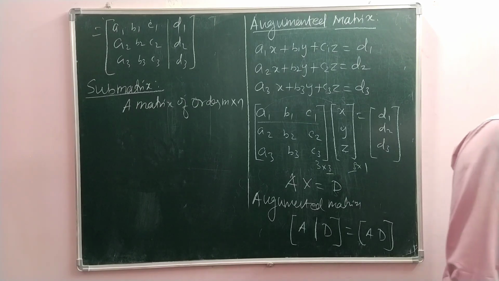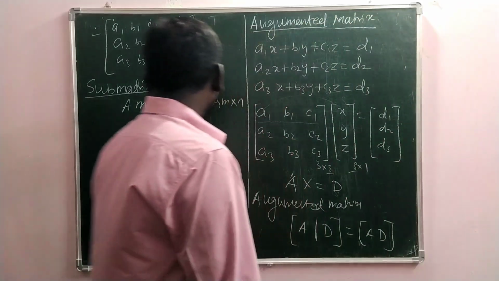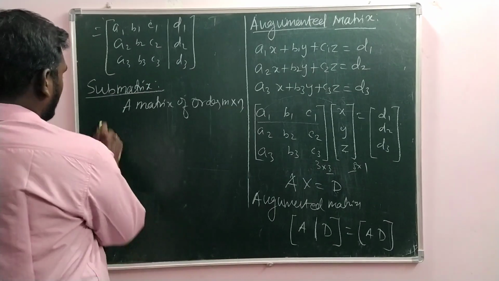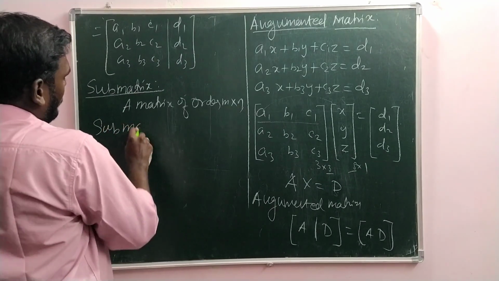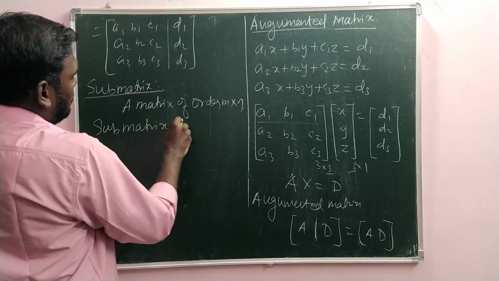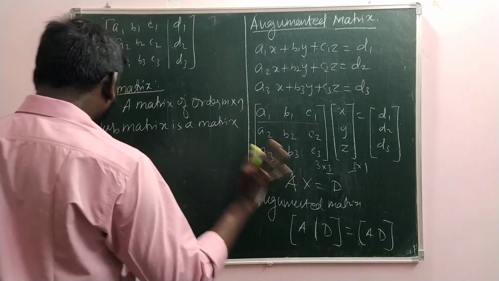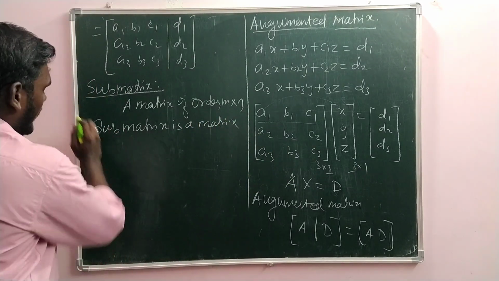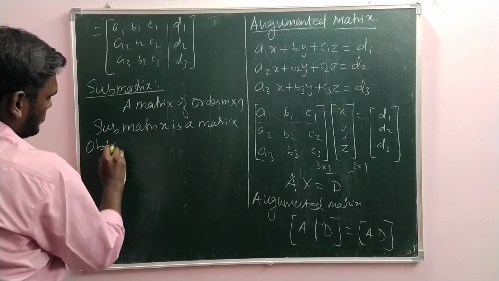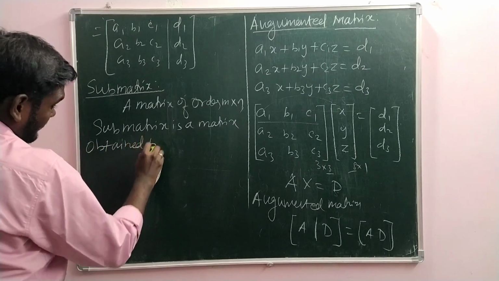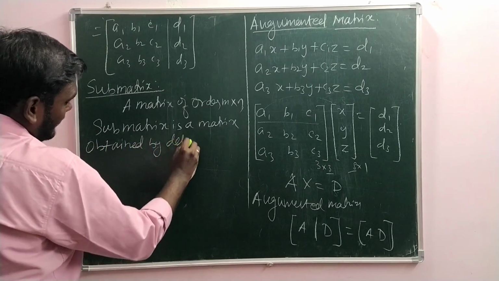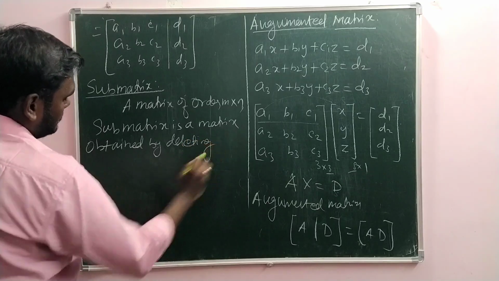A submatrix is a kind of subset of a matrix obtained by deleting some rows or columns.